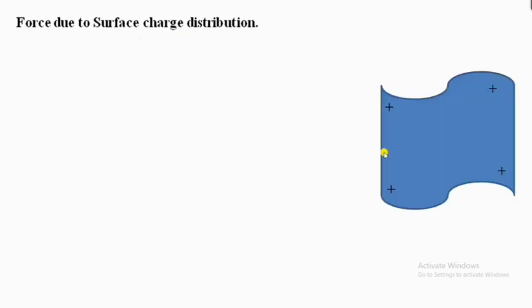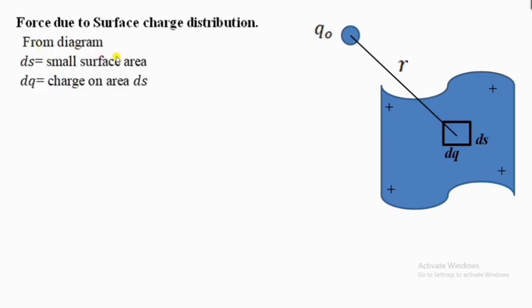I'm considering a positively charged surface. Here I'm considering a small area ds, and dq is the charge of that area ds. Then at a distance r from this point I'm considering a test charge q naught. From the diagram you can write this.